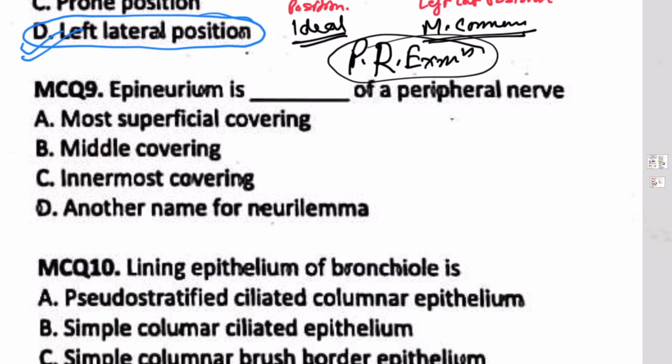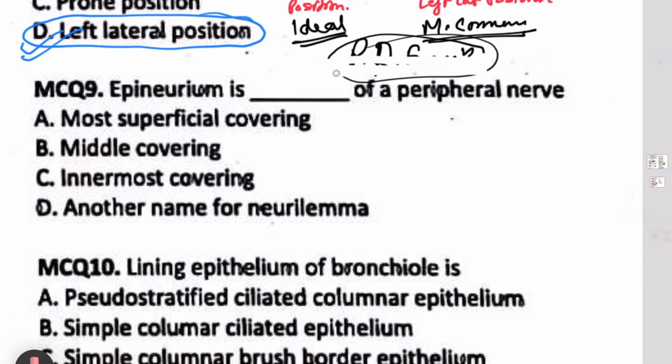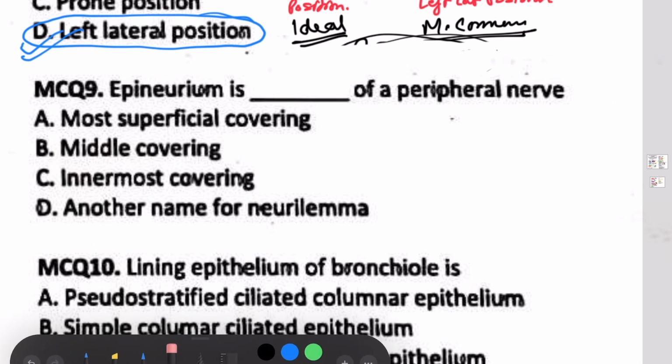Question number 9 is: epineurium is dash of a peripheral nerve.